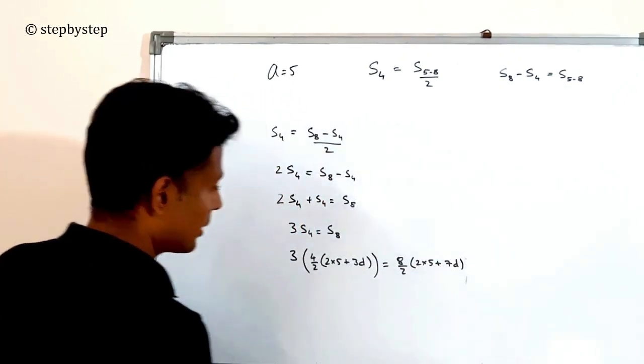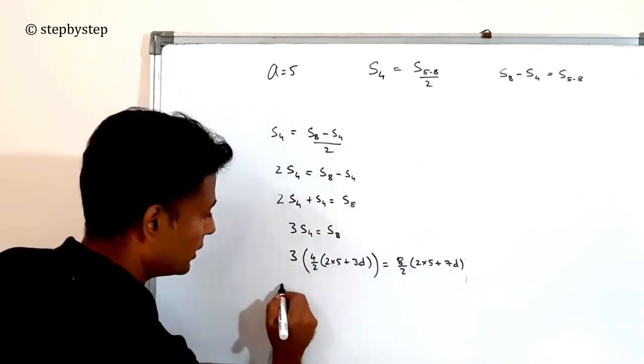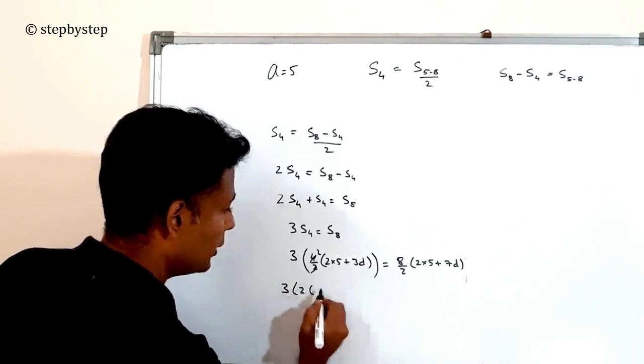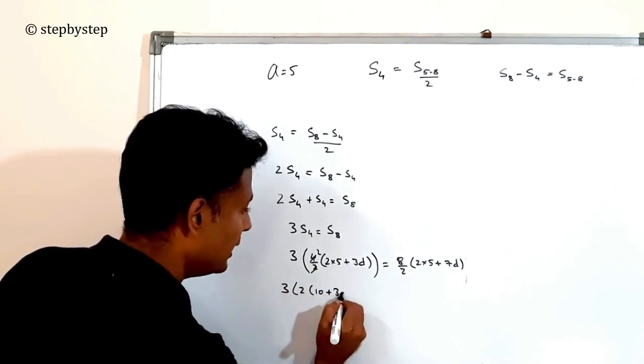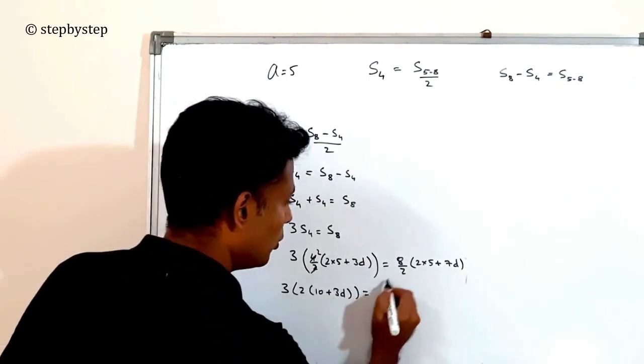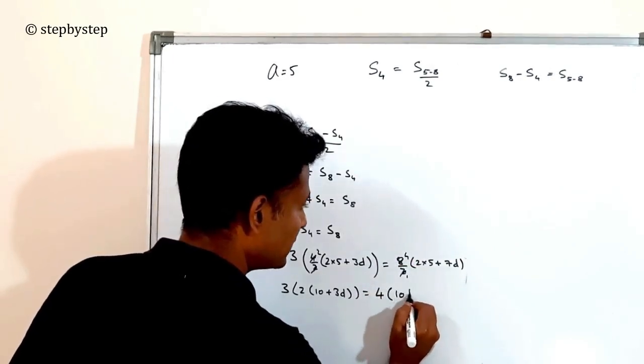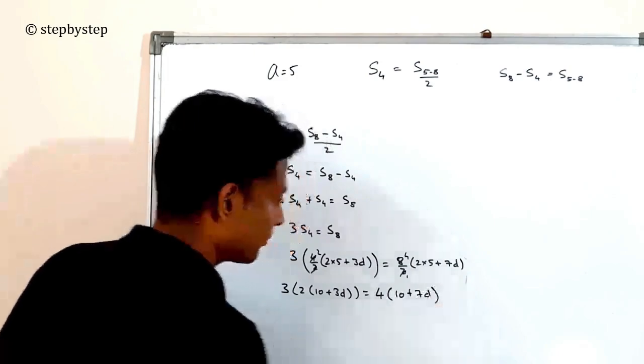Right? Now I'll simplify. 3 into 2 is 2 into 10 plus 3d equal to 2 fours are 4 into 10 plus 7d.